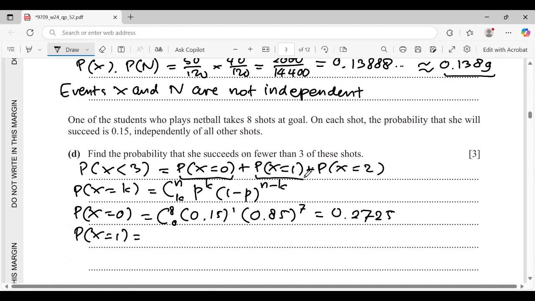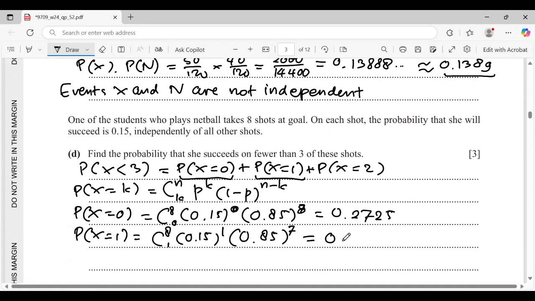Next, the probability X equals 1. This is the combination 8 choose 1, times 0.15 to the power 1, times 0.85 to the power 7, because 8 minus 1.